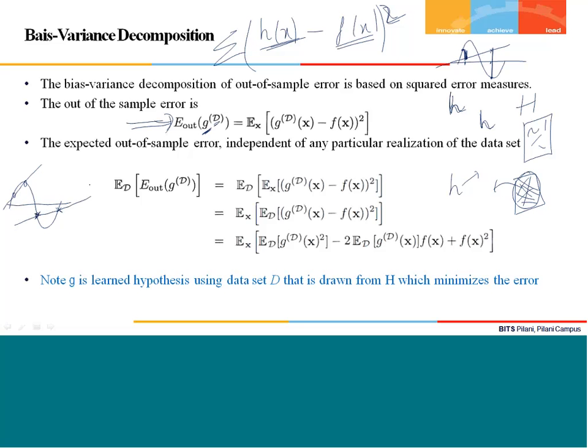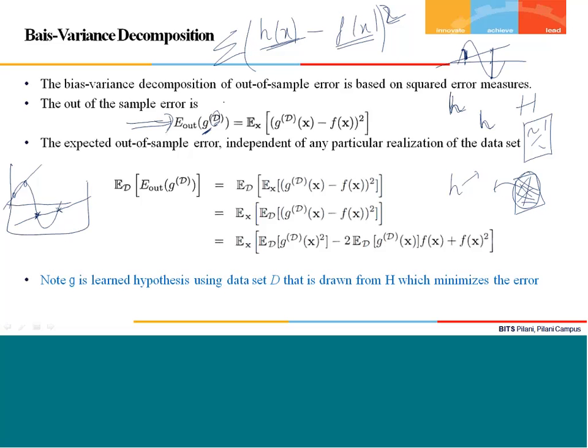I hope you got this point. So this G is saying the hypothesis, and D is saying corresponding to a given data set. Every time you change the data set, whatever you learn, that hypothesis will get changed.